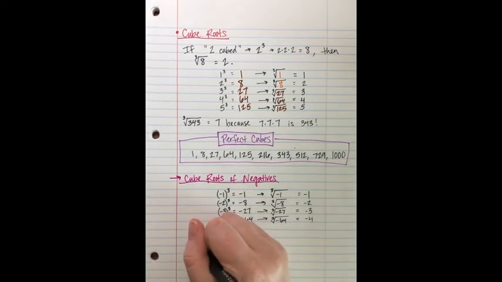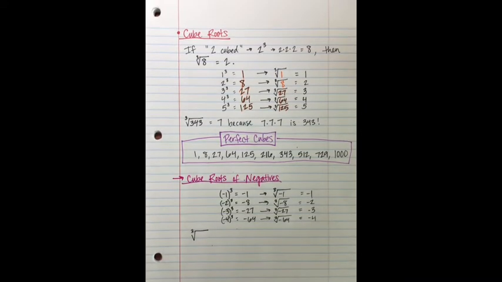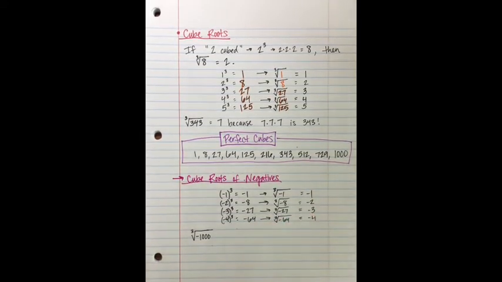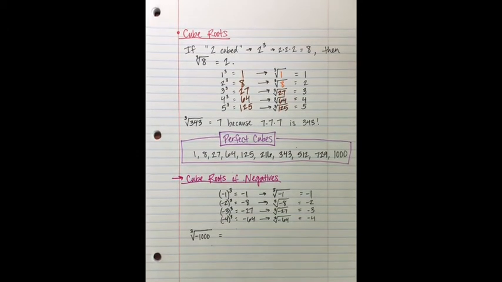So why don't you try thinking about this one. Set up a cube root, and let's put negative 1,000 in the radicand. So something times itself 3 times is negative 1,000. Write it down if you know what it is.